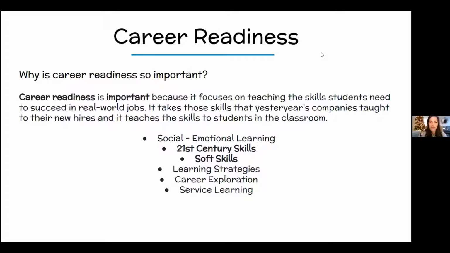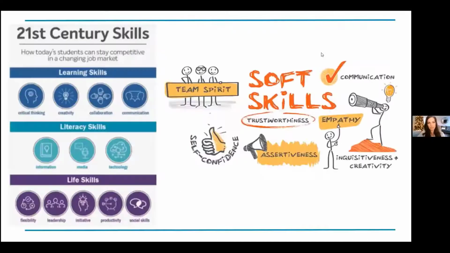And so I really want to highlight that because my career was 2nd through 5th grade, and yes, I'm currently in 5th grade, but this is applicable to all those grade levels. I just highlighted a couple things that career readiness would involve, and then you see a couple bold ones. I'm specifically going to focus on 21st century skills and those soft skills during this presentation.